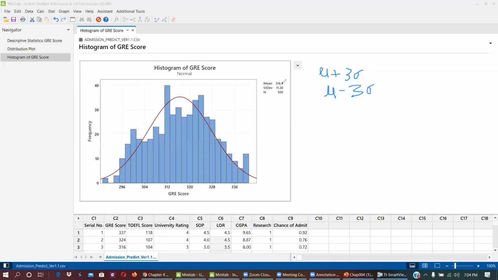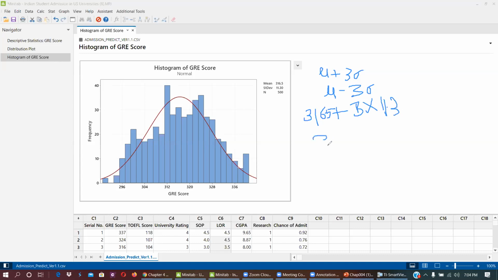So mu is 316.5, which is right here, plus 3 times the standard deviation, 11.3. Please follow me. Now I'm just going to use the calculator. 11.3 multiplied by 3 is 33.9.